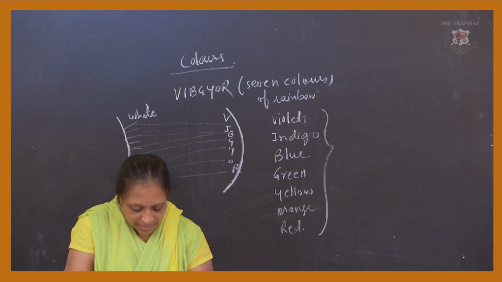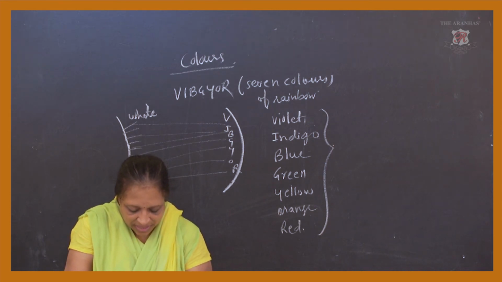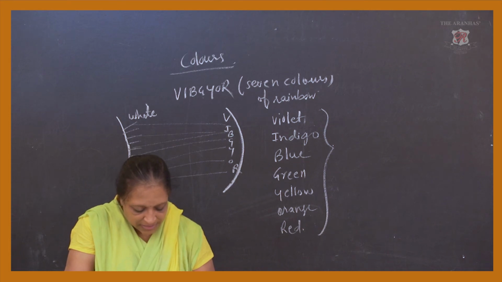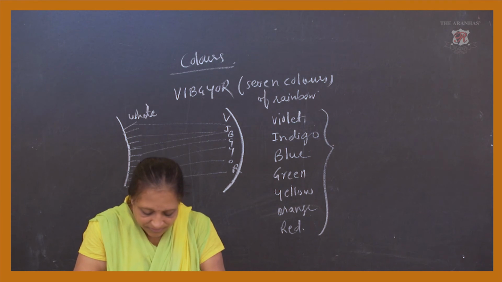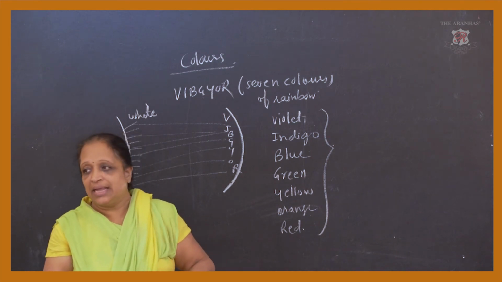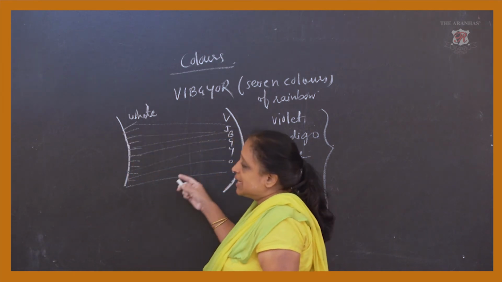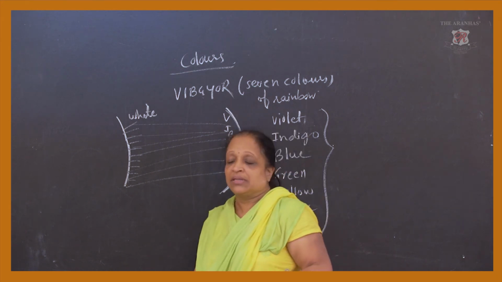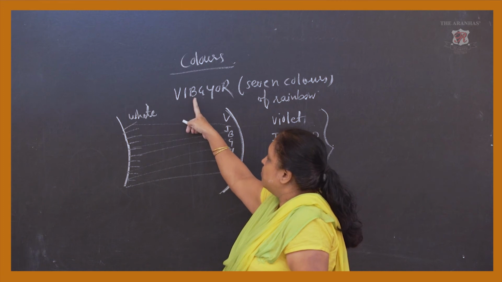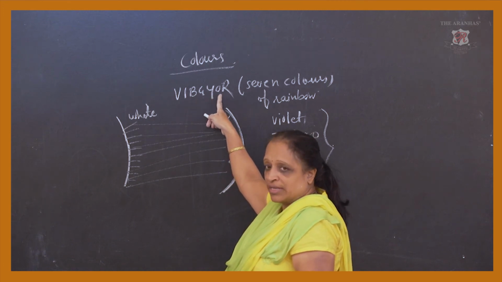Tilting the glass changes the angle at which the sunlight falls on the water, and at a certain angle, the light gets split into the 7 colors. So we get a patch of VIBGYOR, which is violet, indigo, blue, green, yellow, orange and red.